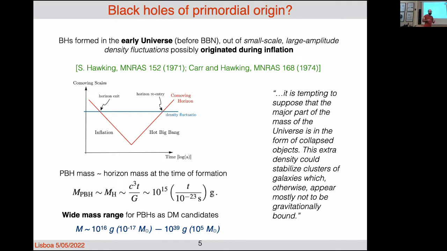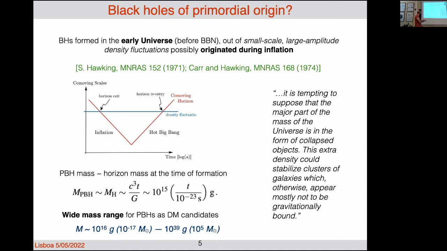So the idea is that if you have a mechanism during inflation to have an enhancement of the power spectrum at small scale, when the perturbation re-enters the horizon, there can be a collapse of the perturbation and primordial black holes can form.